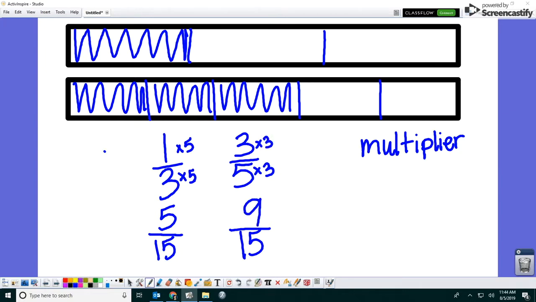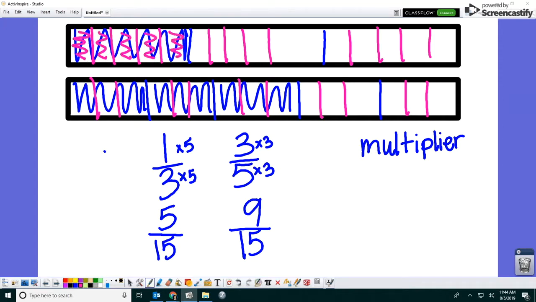So now I can see if I were to cut our pictures into equal sizes, I would have 15ths, pretend these are all the same size. So now I've got 15ths, and if I were to count here, I would have 1, 2, 3, 4, 5.